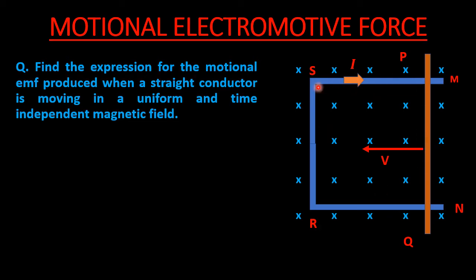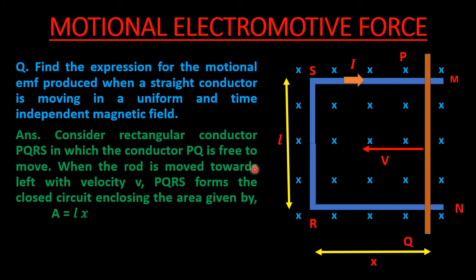So we need to derive an expression for the EMF induced in this case. Now this area is rectangular in shape. Length will be denoted by L and breadth will be denoted by X. This length is fixed here, but this breadth X will decrease as this PQ moves towards left with the velocity v.